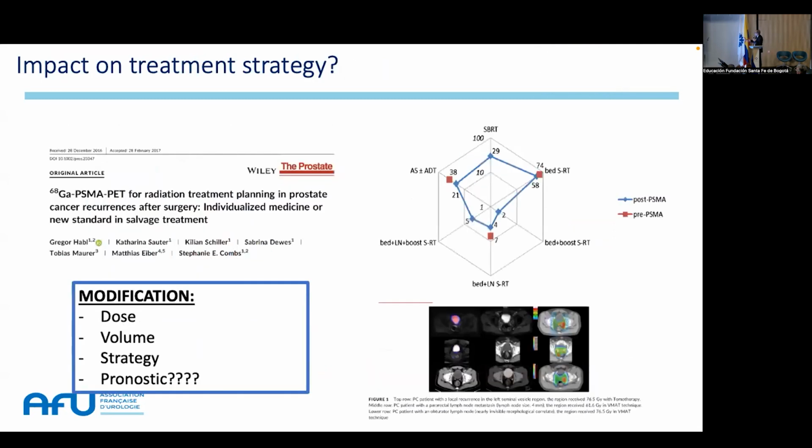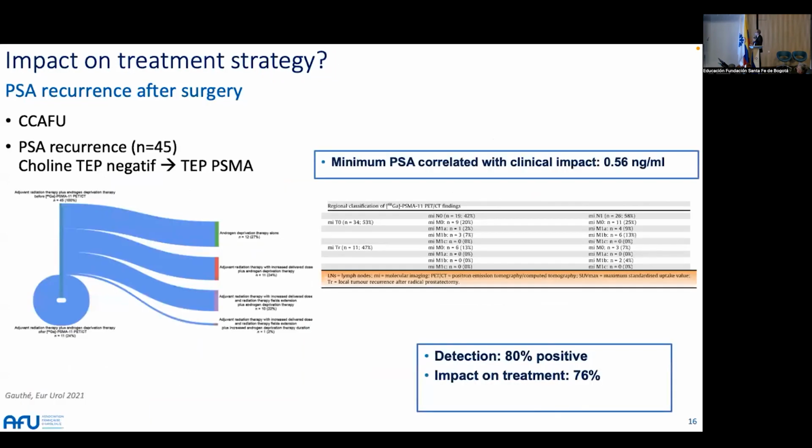Clearly, we changed the treatment strategy, and this was reported for the use of PET PSMA for radiation therapy for prostate cancer recurrence after surgery. In these studies, they show that they change the dose, the volume, and the location of the treatment. So clearly, they change the strategy, but in terms of prognosis, for the moment, we have nothing.